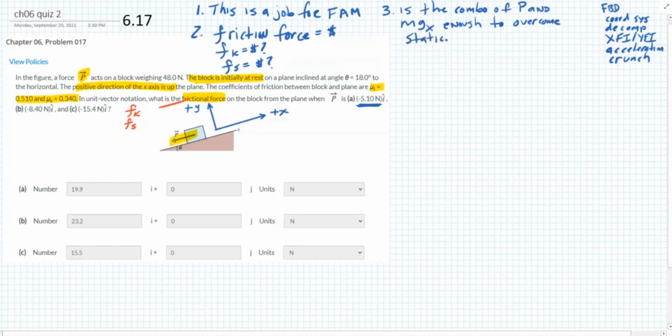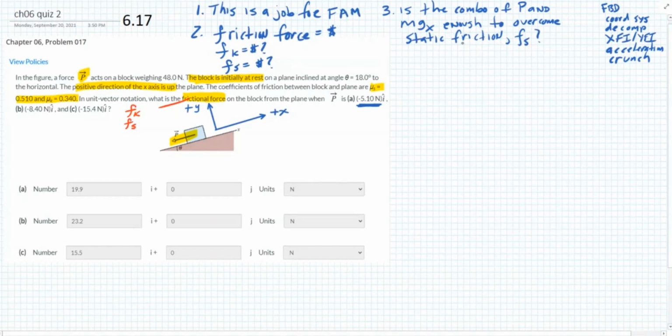Static friction is written as F underscore S question mark. So I need to do sort of a situational test here.